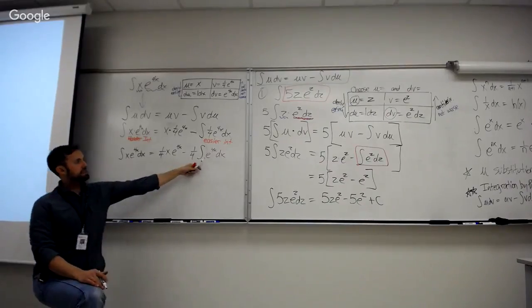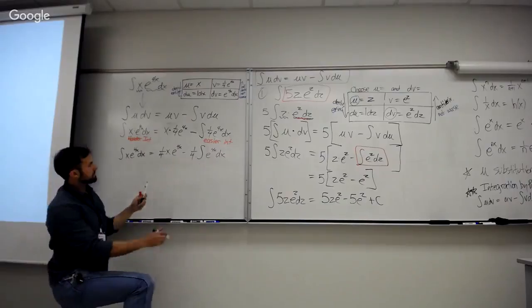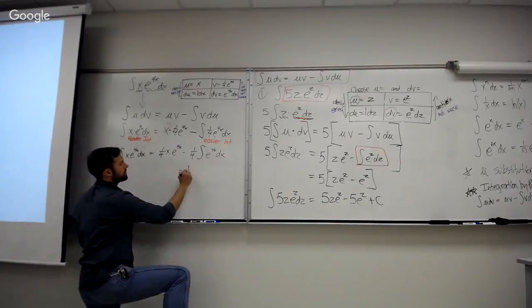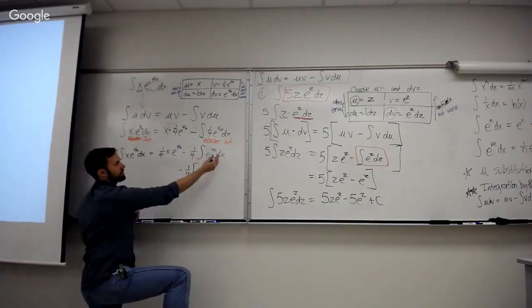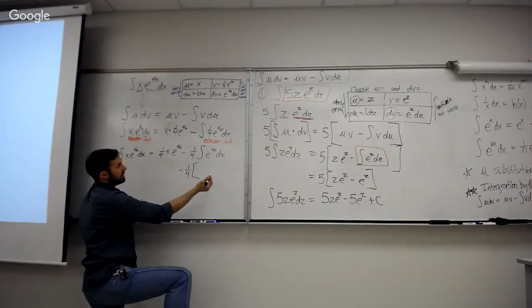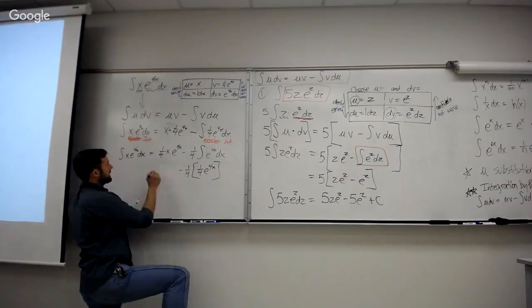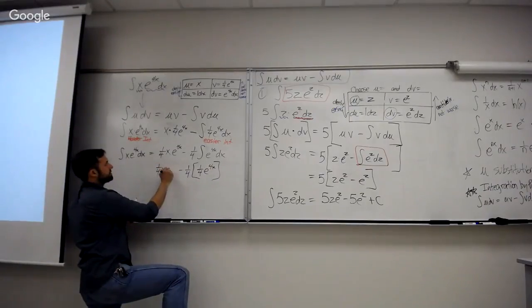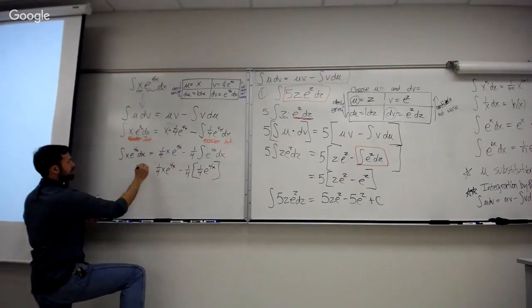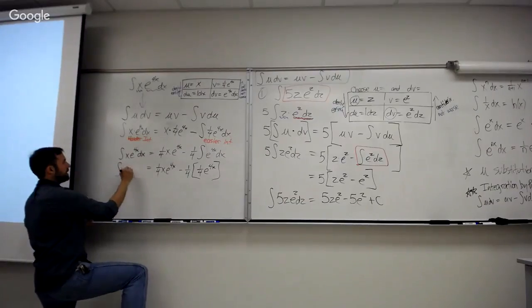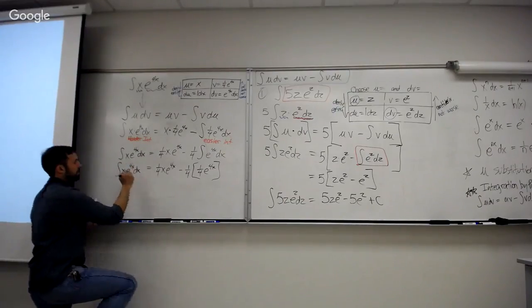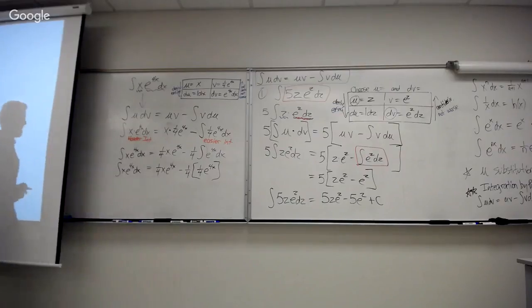And now, what's the integral here? That's minus 1/4 times, what's the integral of e to the 4x? 1/4 e to the 4x. And so we have 1/4 x e to the 4x minus that. And other than cleaning it up, we're done.